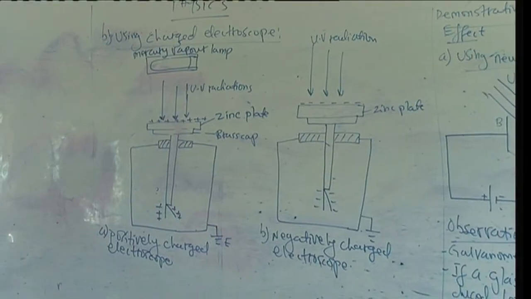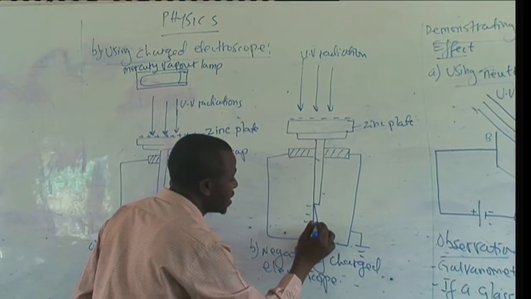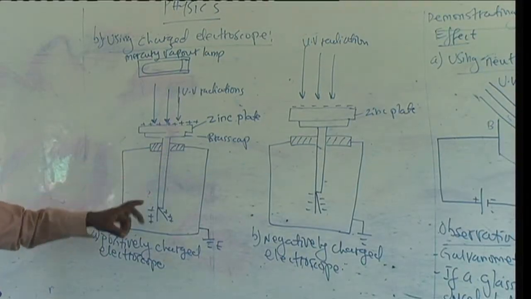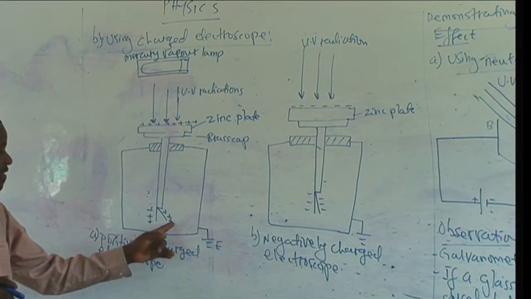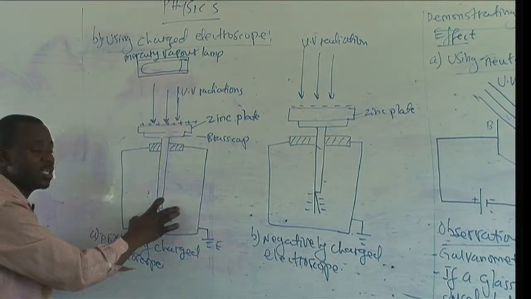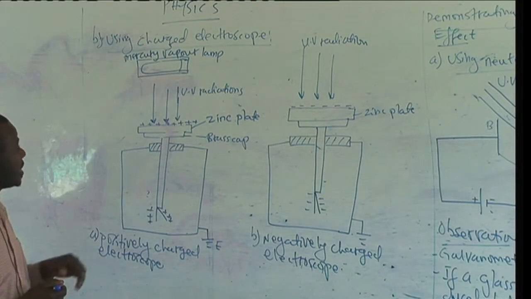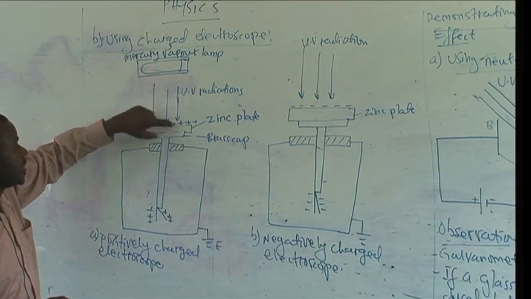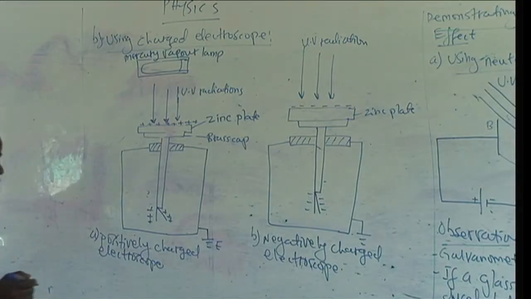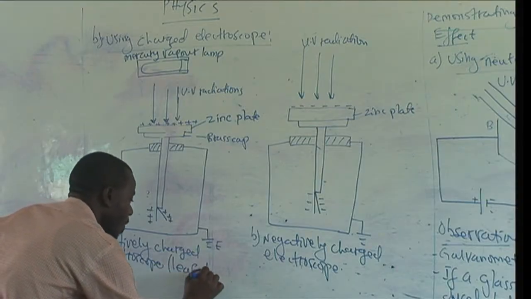So class, you can make some observations regarding these two diagrams that I've drawn here. You realize that when we are using a positively charged electroscope, there is no change in leaf divergence. It was initially charged, so there was leaf divergence, and even after the UV radiations fall on this zinc plate, the leaf divergence remains the same. The leaf does not fall.